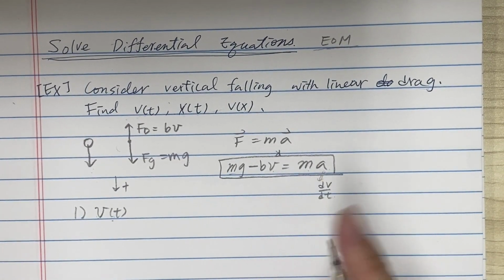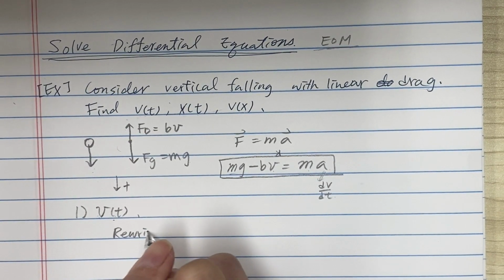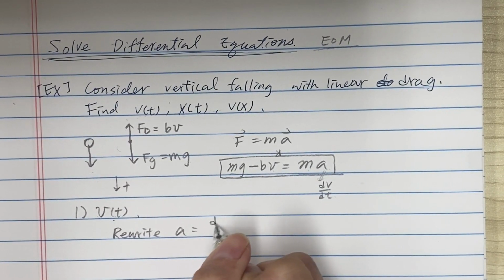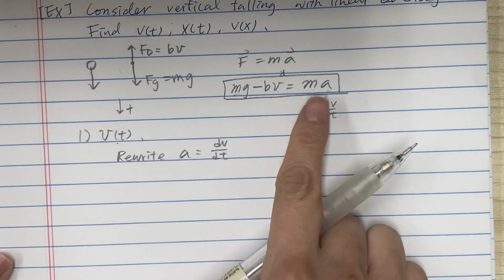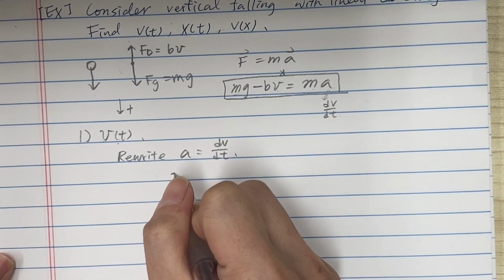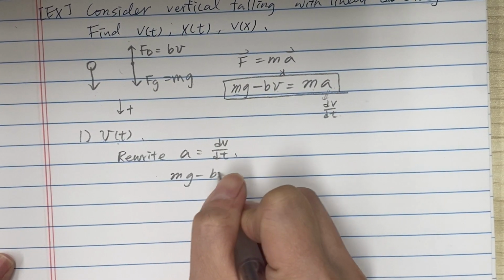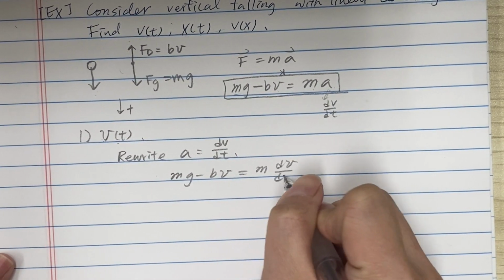So let me rewrite a to be dv/dt. Then this equation will be mg minus bv equals m dv/dt.